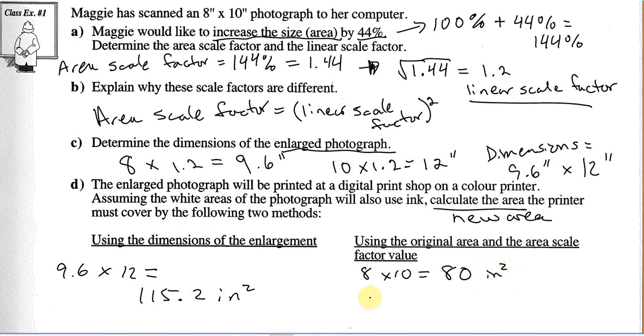Taking that original area and multiplying it by our area scale factor, so 80 inches squared multiplied by 1.44. And if we do that, we end with, again, 115.2 inches squared.